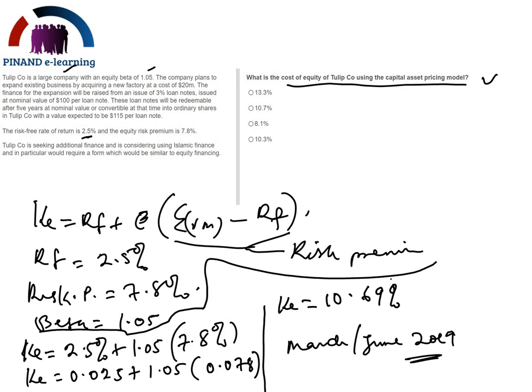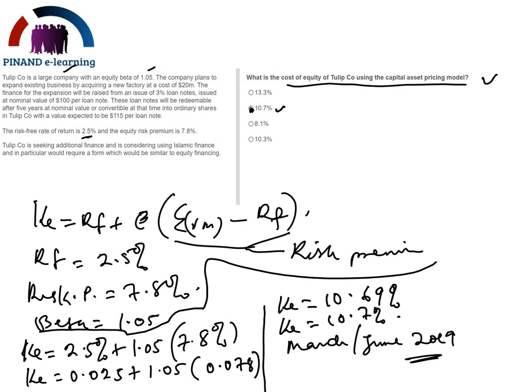Okay, let's look at the objective. We have 10.7, so that is approximately, okay, so that will be KE equals 10.7%. So I just go there and click this answer.